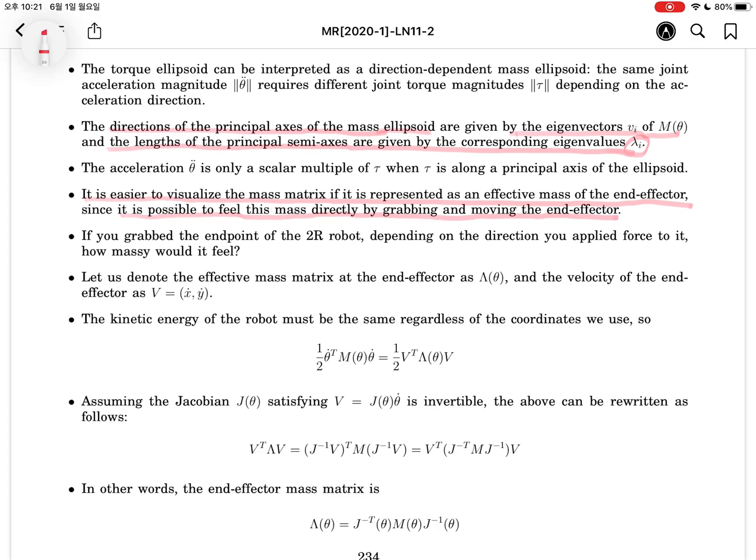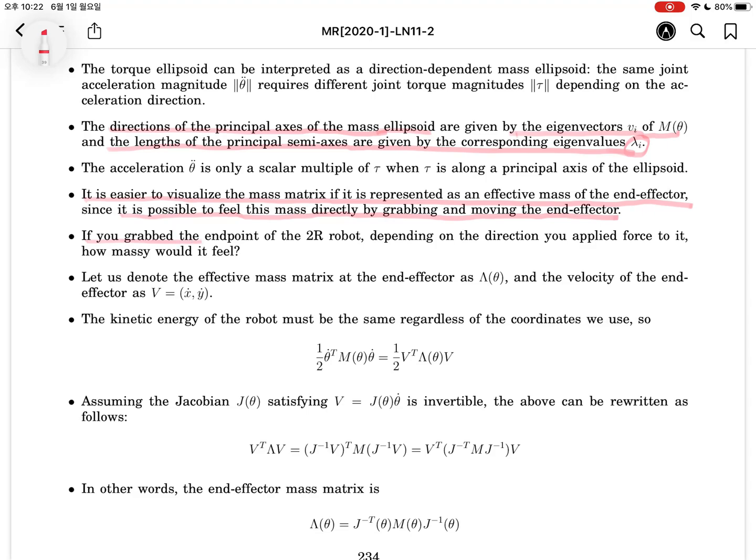If you grab the end effector of the robot and push and pull it like this, you can feel the inertia of the end effector. It depends on the inertial matrix.